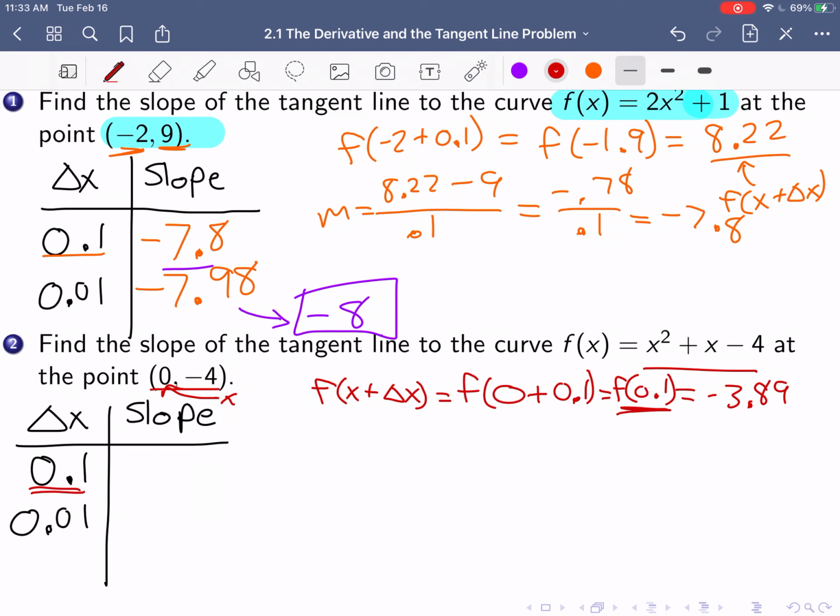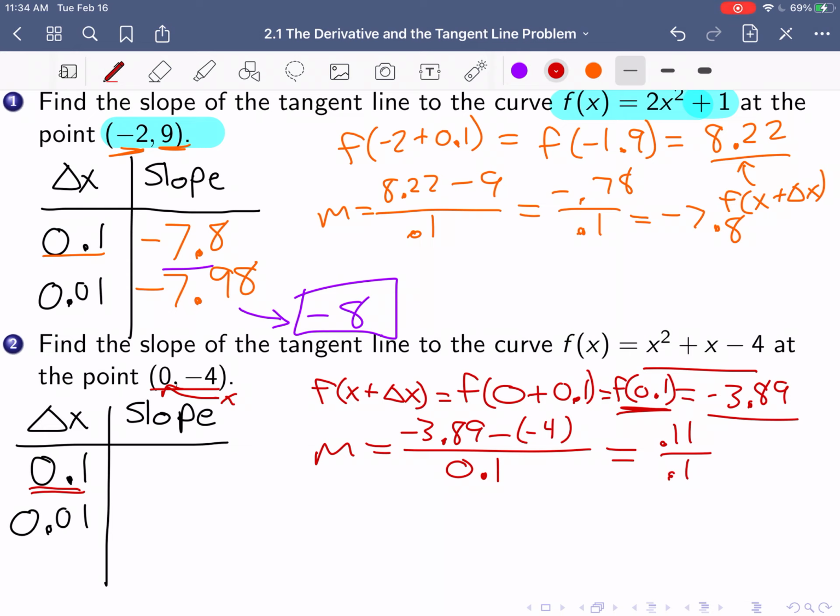Our slope is going to be f of 0.1 minus f of 0, so negative 3.89 minus our function value at 0, which is negative 4, over 0.1 minus 0, that width, that delta x. And when we do this, we'll get 0.11 over 0.1, which is 1.1.